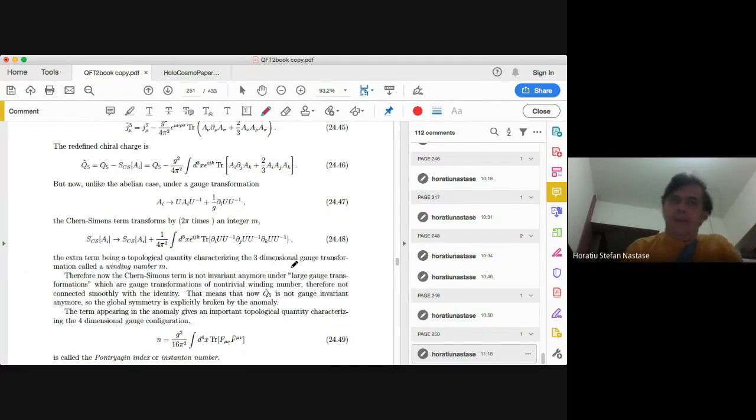Now, unlike the abelian case, under a gauge transformation, the gauge transformation in the non-abelian case is that A_i goes to the gauge parameter matrix U times A_i times U^{-1} plus 1/g ∂_i U U^{-1}.